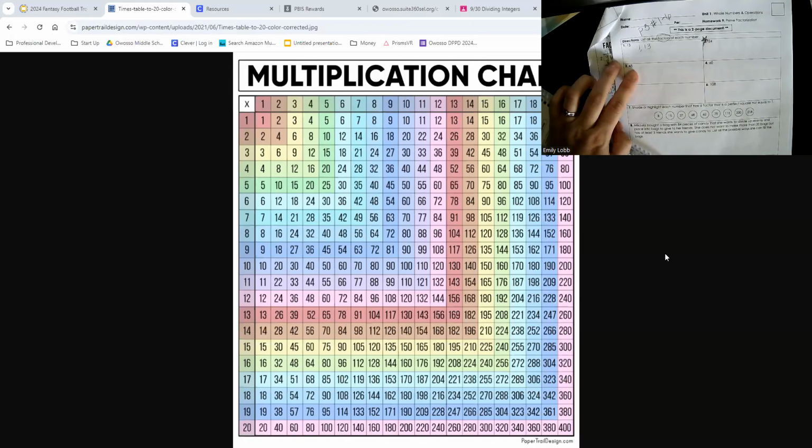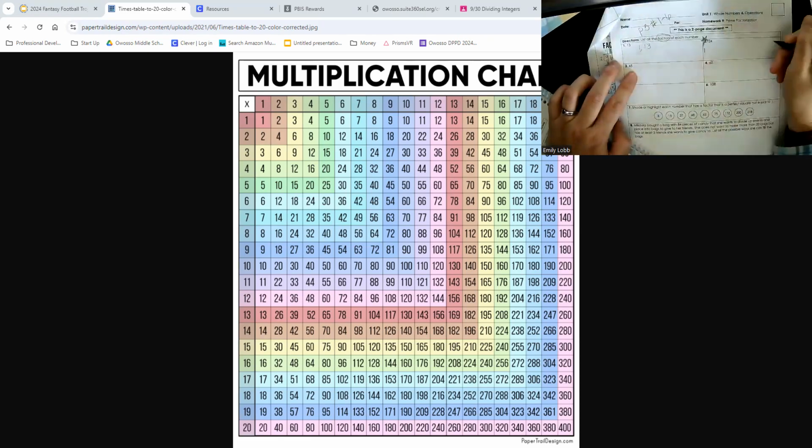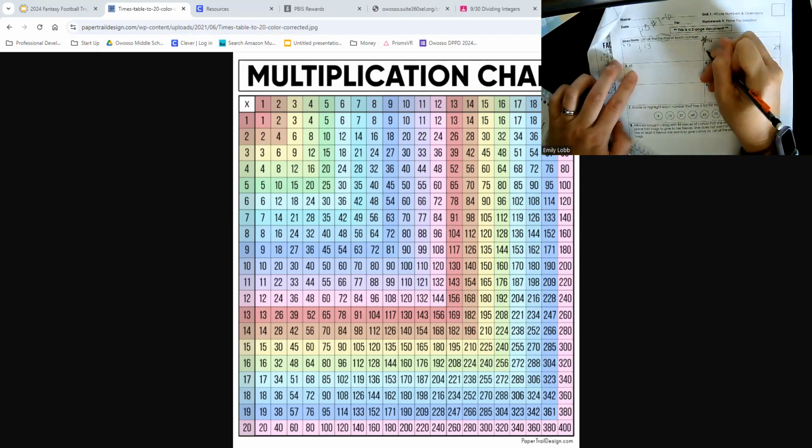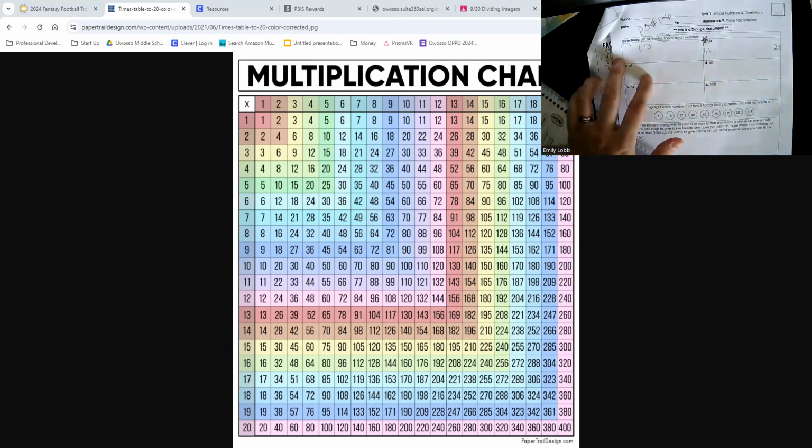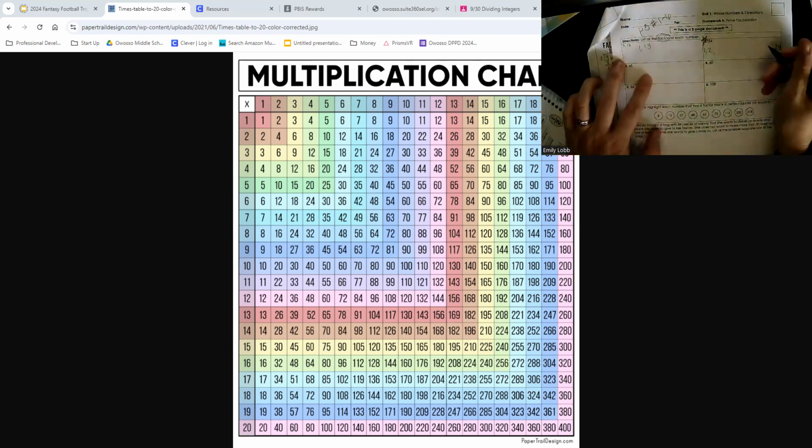Okay. So I know this is kind of small, but just follow along with me. If you're looking at the quiz question, you should know that 1 and 24 makes 24, right? Then you should know that it's even, so it is divisible by 2. 2 times what is 24? 12, right?